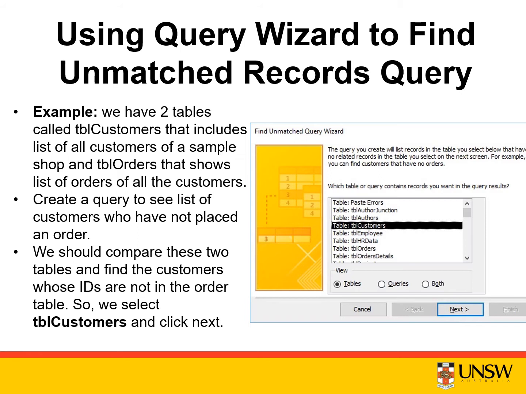For example, we have two tables called TBL Customers and TBL Orders that are connected. TBL Customers shows a list of all customers of a sample shop, and TBL Orders shows a list of orders of all the customers. We want to create a query to see a list of customers who haven't placed any order. So as the first step, we select TBL Customers.